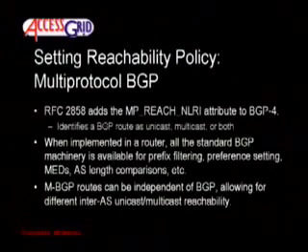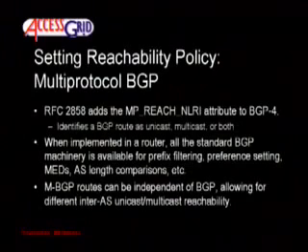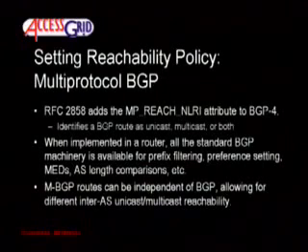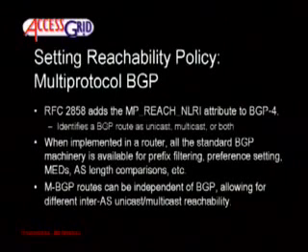Another thing to be aware of is that multi-protocol BGP routes can be independent, that is, the topology of reachability can be different between unicast and multicast. So you may decide that some set of your peer autonomous systems you'll only exchange multicast with, or only exchange unicast with. This is actually pretty common.